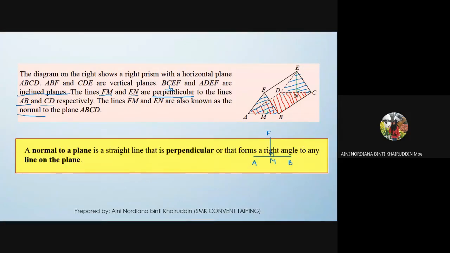So FM and EN are the normals to the plane ABCD. Apa ni? Okay, line yang membentuk 90 degree ni, we call it as normal to the plane ABCD. Okay, sebab plane yang terlibat adalah ABCD. Okay, kalau tak faham tak apa, kita tengok example.